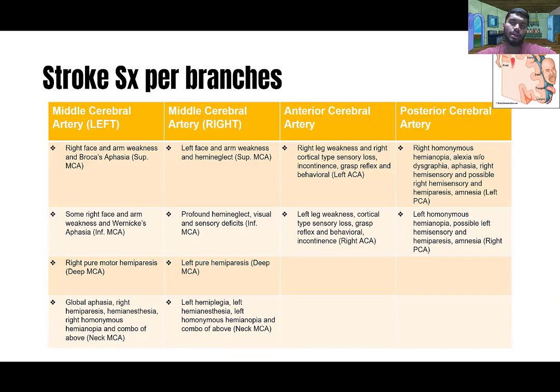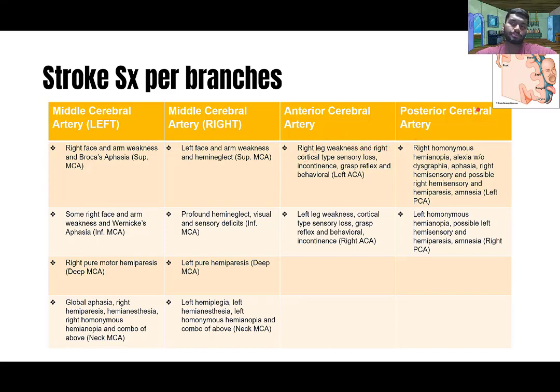So the ACA is supplying blood to this part of the frontal lobe, and the MCA is supplying blood to the lateral portion of the frontal lobe, right? So that's the explanation as to why an MCA infarct will cause right face and arm weakness, but an ACA infarct will cause right leg weakness.